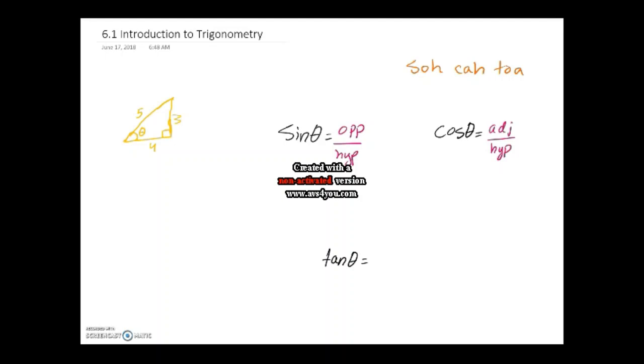And finally, tangent equals opposite over adjacent. Now for sine theta, the opposite of the angle theta is 3, so sine theta equals 3 over the hypotenuse, which is 5.